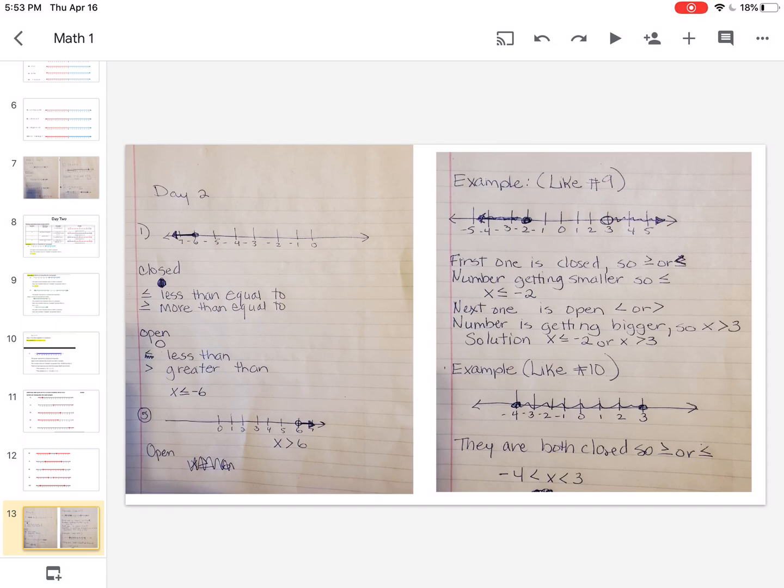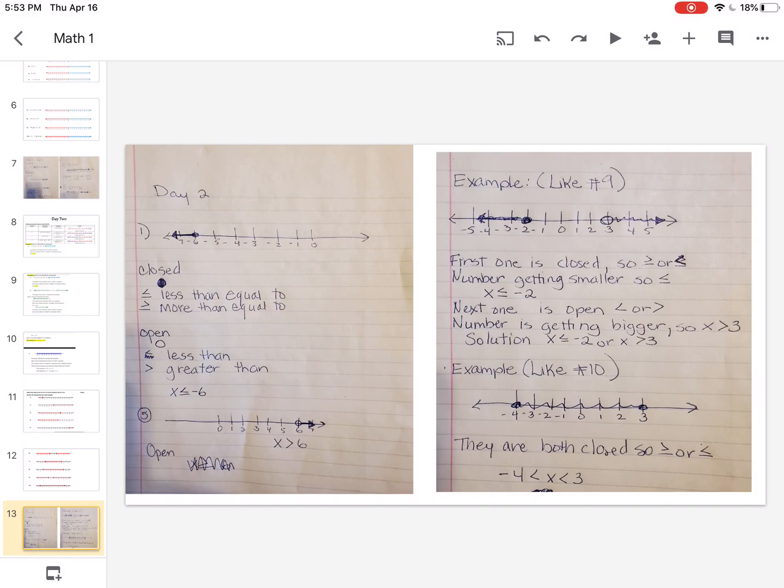Here's an example like number 9. I like to look at the two separately. The first one is closed, so I know there's going to be a line underneath it, and the number is getting smaller. It's going further into the negatives, which looks like it's getting bigger, but because it's negative, it's getting smaller. So on this one, x is less than or equal to negative 2.